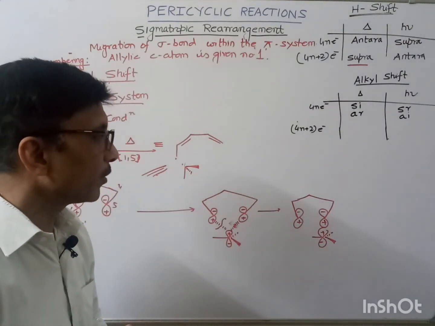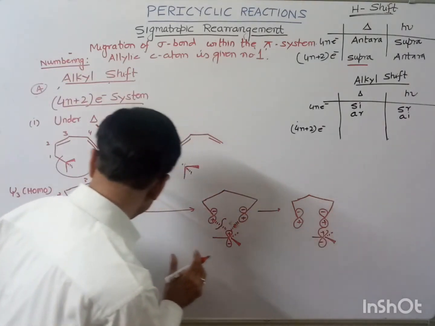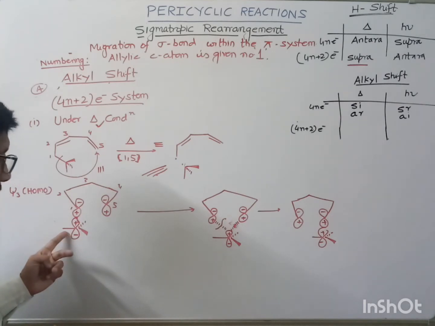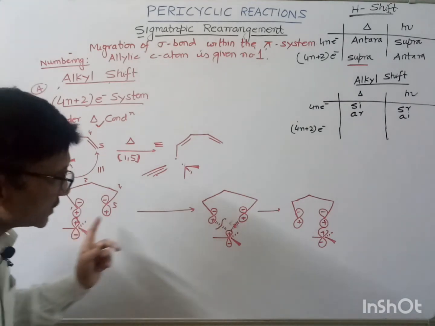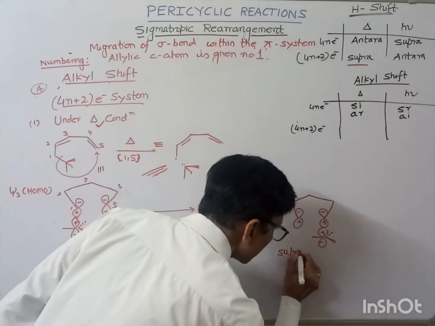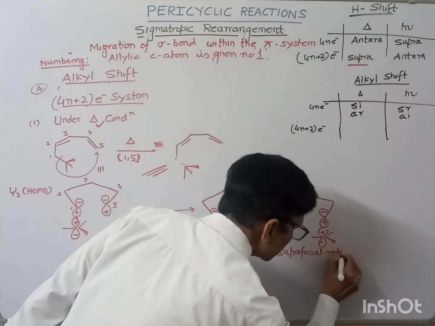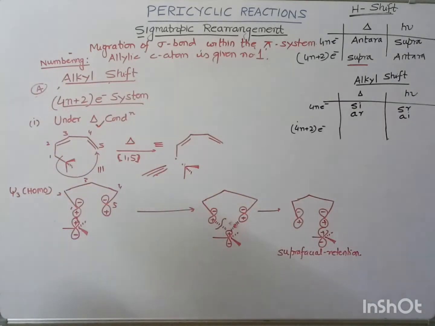This bond is formed in a suprafacial manner, and you may see that the stereo of this carbon atom's alkyl group is the same in reactant as well as in product. That's why it is suprafacial with retention of configuration.